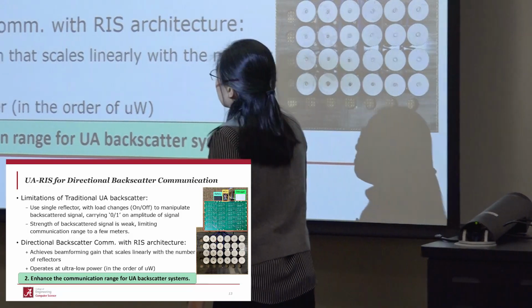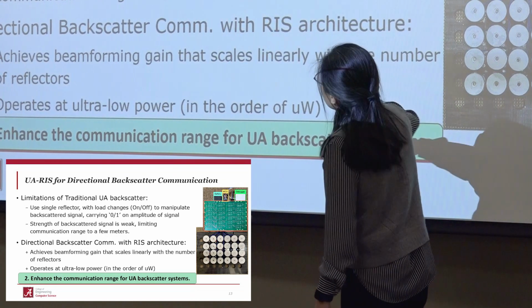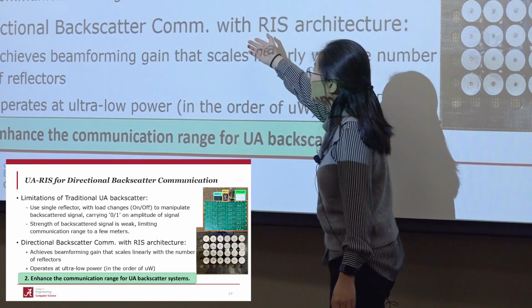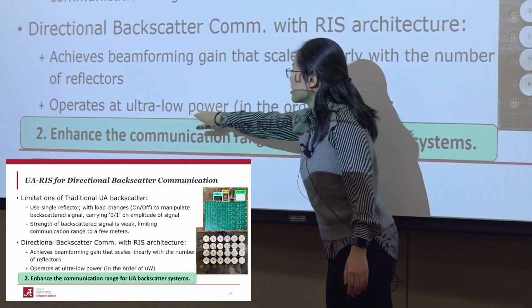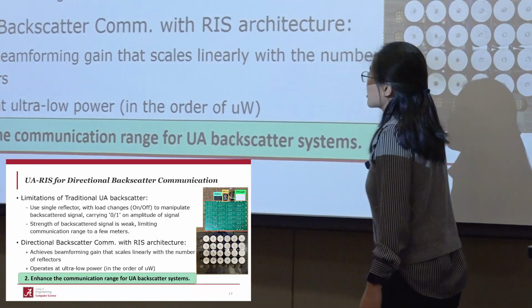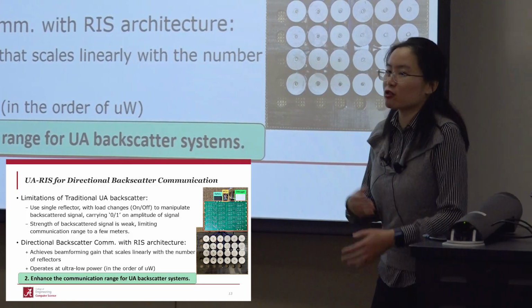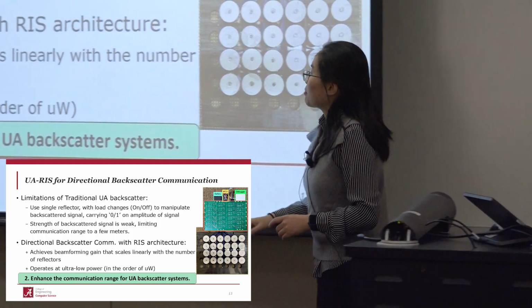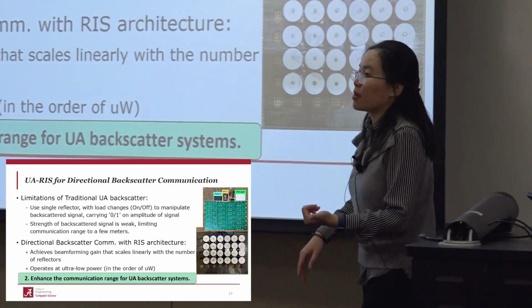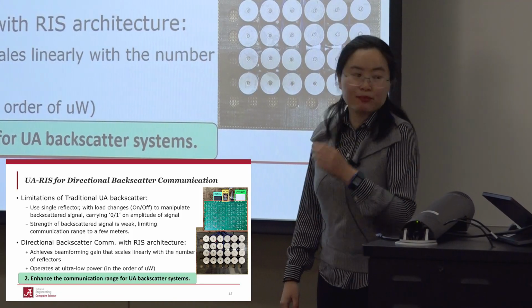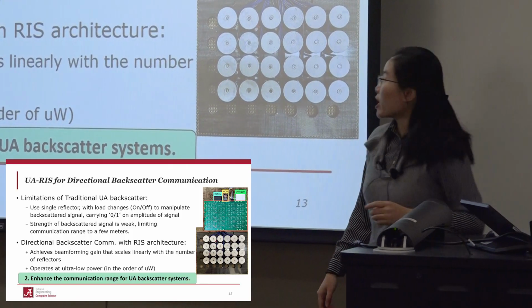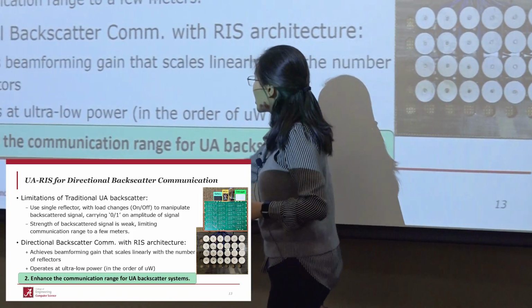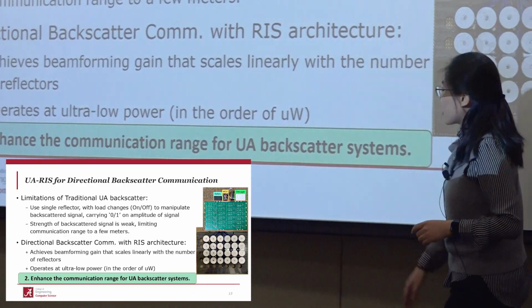And also, because it still works passively, it has a very low power, in the order of microwatts. So that means it is practical for seabed mounted sensors. So with this UARS, we can enhance the communication range of the backscatter system.